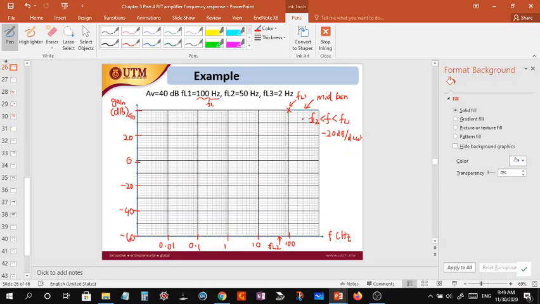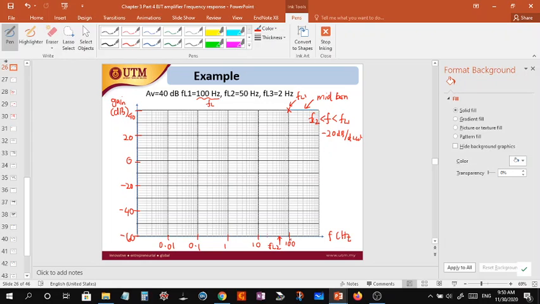Okay, if you want to use the 20 dB per decade, in order for you to draw the one line with the slope of 20 dB per decade, you need to have another point 1 decade below the initial point. In this case, the initial point is FL1.